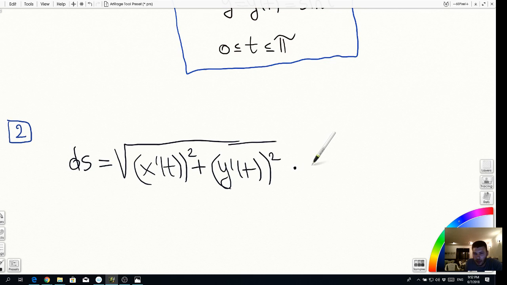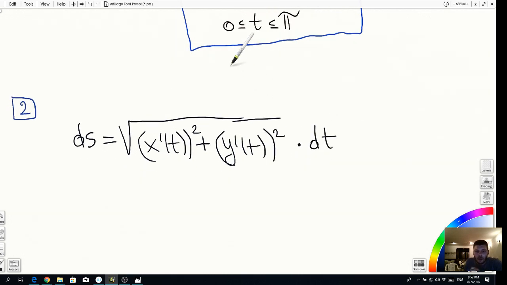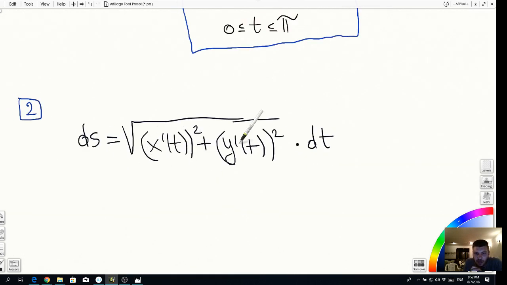Okay, times dt. First, let's calculate these derivatives.